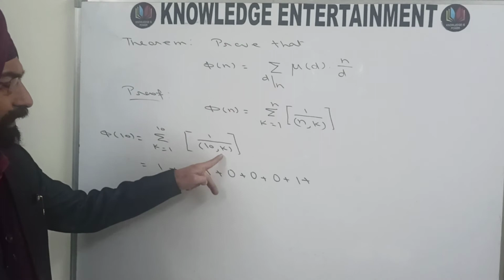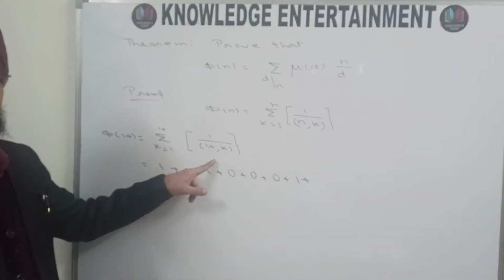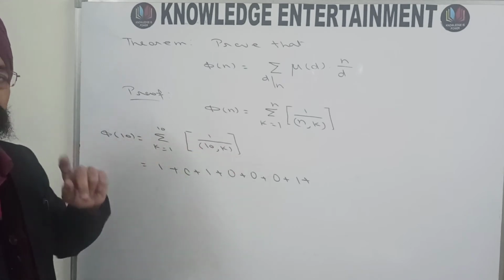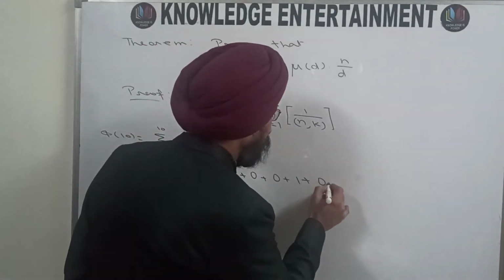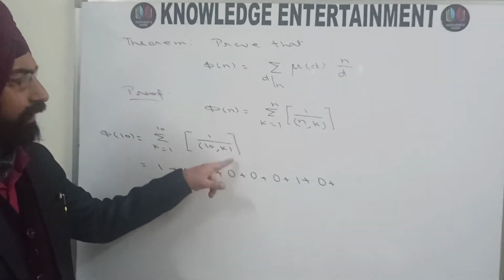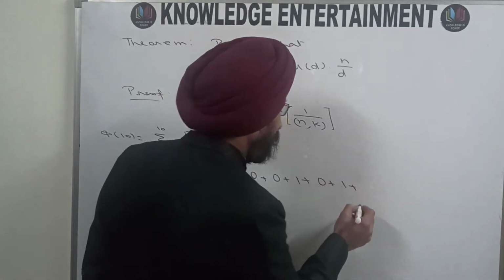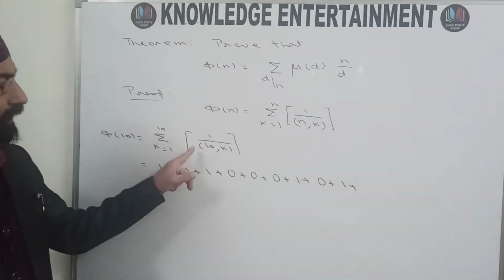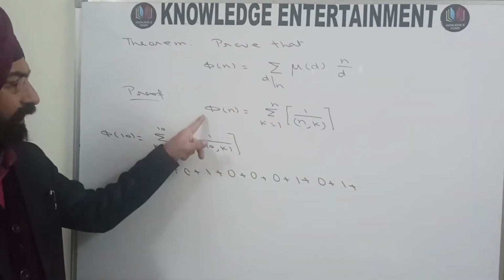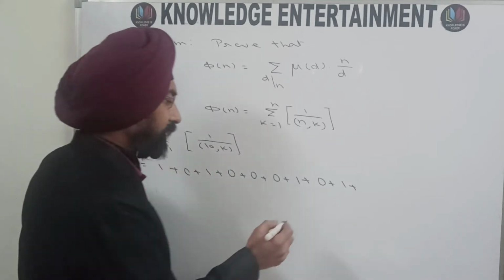Similarly, if you put k is equal to 8, the GCD will become 2, 1 upon 2 is once again 0.5 and the greatest integer function of 0.5 is 0. For k is equal to 9, 10 and 9 GCD is 1, 1 upon 1 is 1 and the greatest integer function of 1 is 1. And if you take k is equal to 10, GCD of 10 and 10 is 10, 1 upon 10 is 0.1 and the greatest integer function of 0.1 is once again 0.